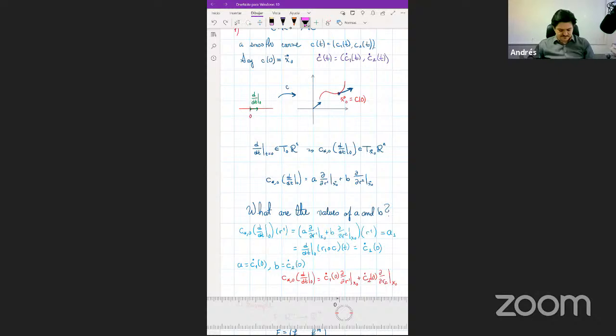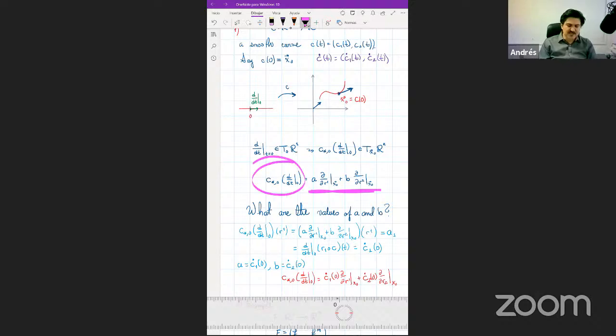Okay. So here, it was crucial what we did yesterday, that we have a basis for the tangent space.